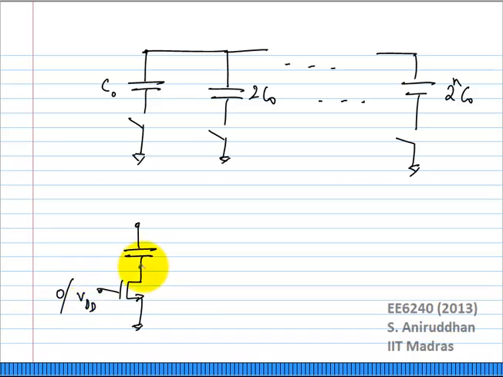Unfortunately, I have a whole bunch of parasitic capacitance at this node. So even though the switch is off, that node is not completely open. I have a CP, and if this was C0, what is the capacitance when that switch is off? It is C0 CP by C0 plus CP. Okay?